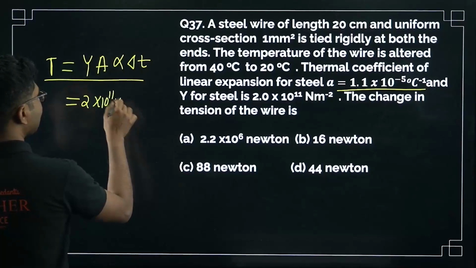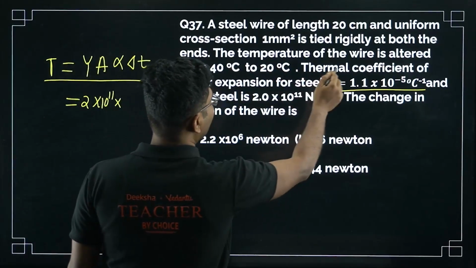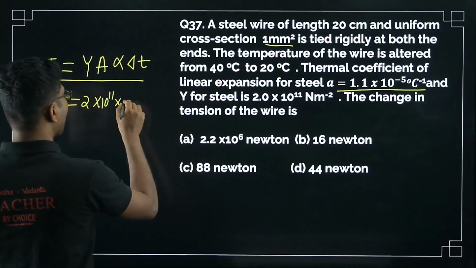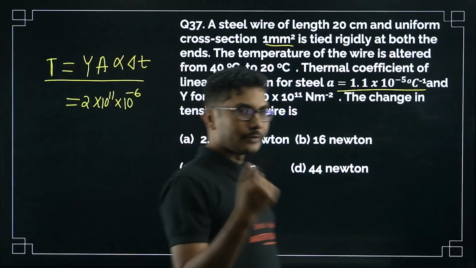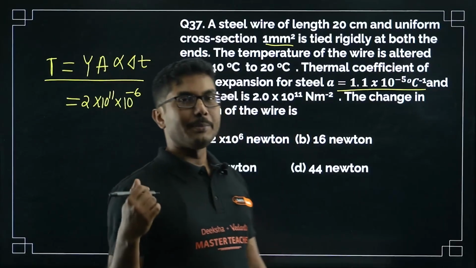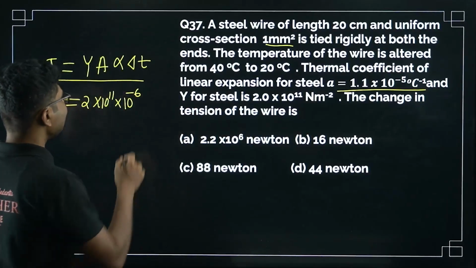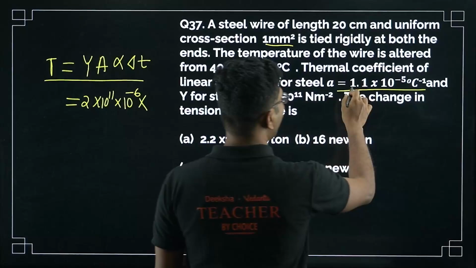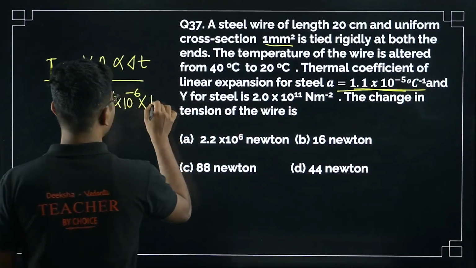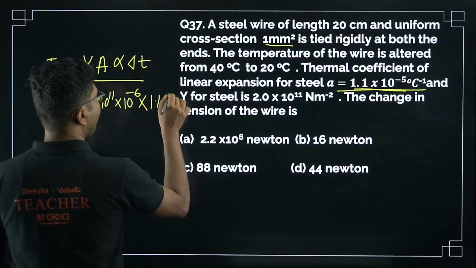Area is given as 1 millimeter square. Millimeter is 10 to the power of minus 3, so millimeter square is 10 to the power of minus 6. What is alpha? Alpha is given by 1.1 into 10 to the power of minus 5.